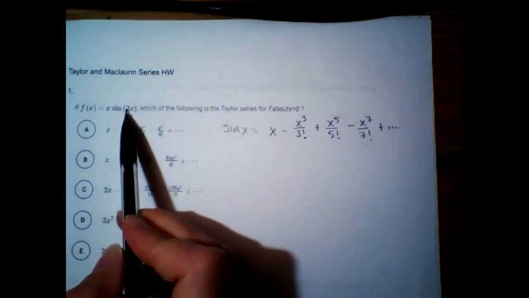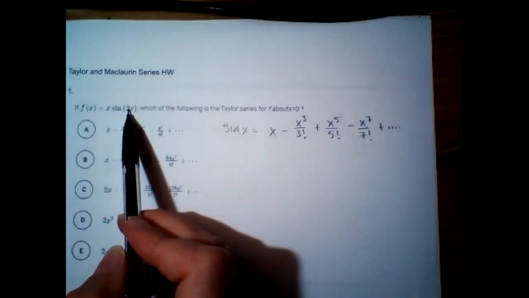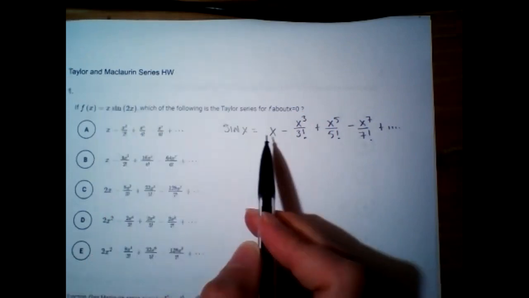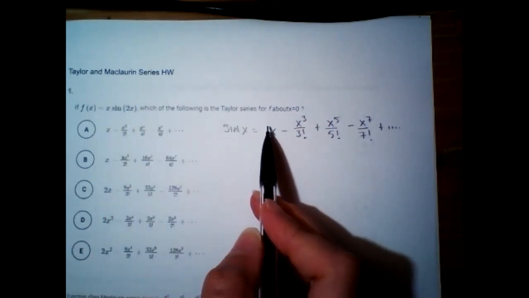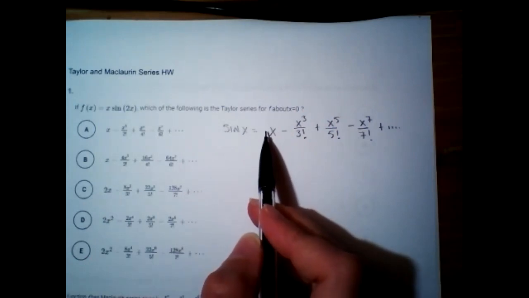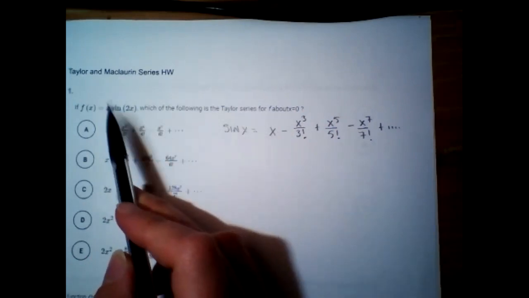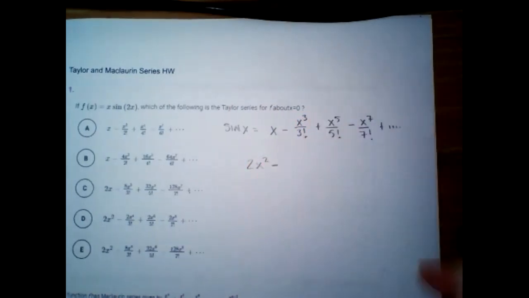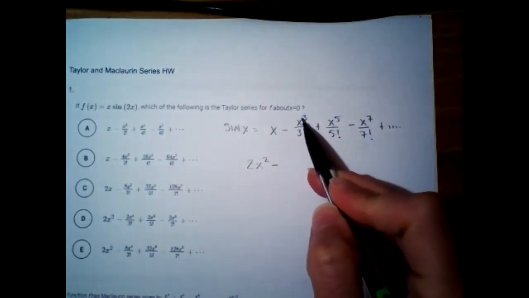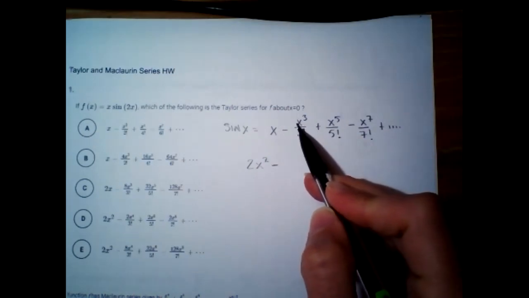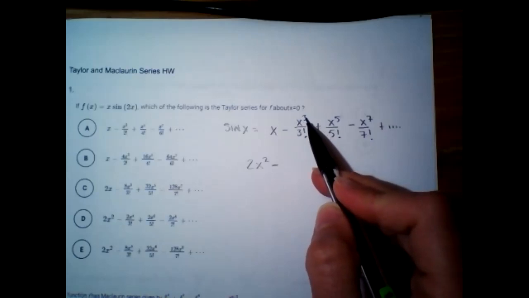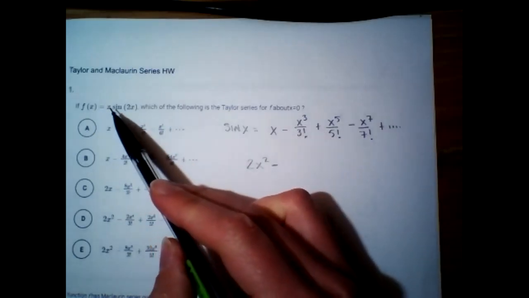So everywhere there's an x, we're going to replace it with 2x, and then we'll multiply it by another x. So for this first term, if we replace x with 2x, that would just be 2x, and then multiply by another x, that's going to be 2x squared for the first term. All right, and then here, if we replace x with 2x, 2 cubed would be 8, so we're going to have 8x cubed, and then we would multiply by another x.